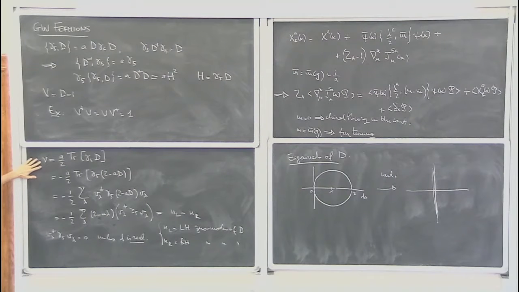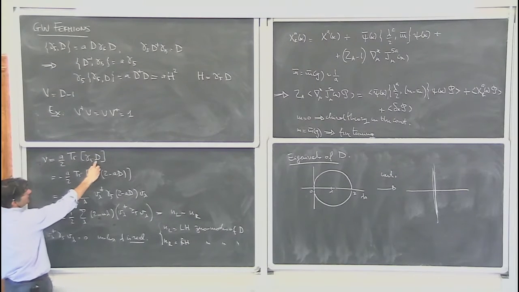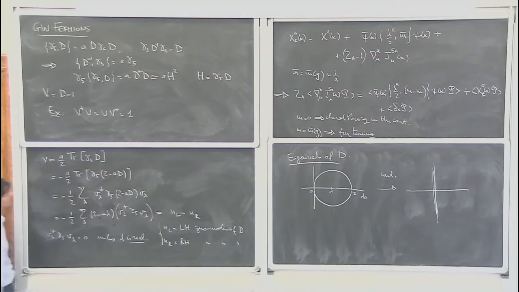So you've got a quantity nu, which is given by taking the integral over the entire space of the trace in color and spin indices of gamma 5 D(x,x). So this is some complicated function of the gauge fields. Remember that the gauge fields enter in the definition of D. We are not going to write explicitly the dependence on the gauge fields.